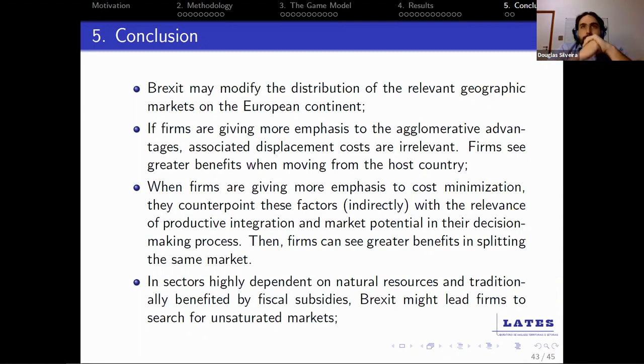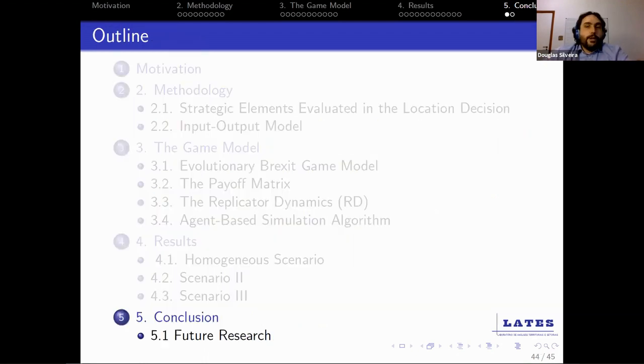So firms can see greater benefits in splitting the same market. And in sectors highly dependent on natural resources and traditionally benefited by fiscal subsidies, Brexit might lead firms to search for unsaturated markets.